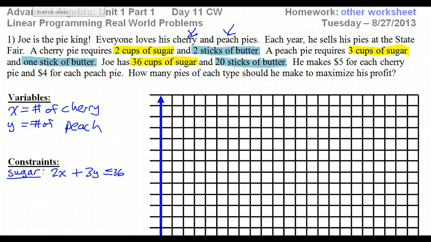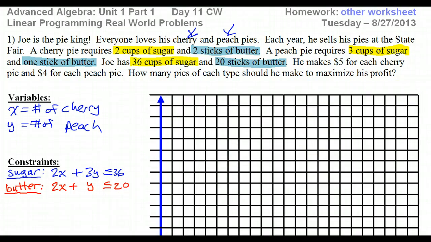Okay, let me use red this time. So this is a butter constraint. So 2 sticks of butter, so this is going to be 2x plus y is less than or equal to 20.